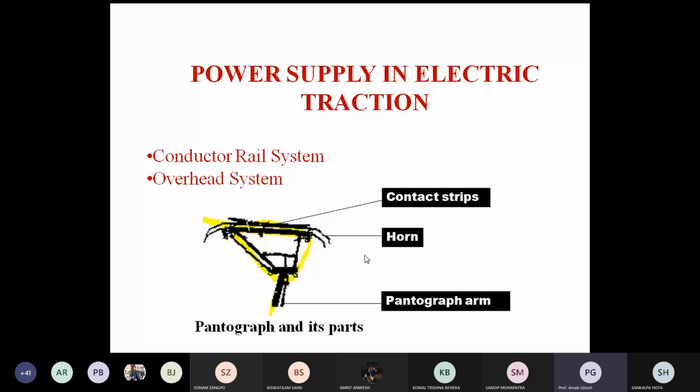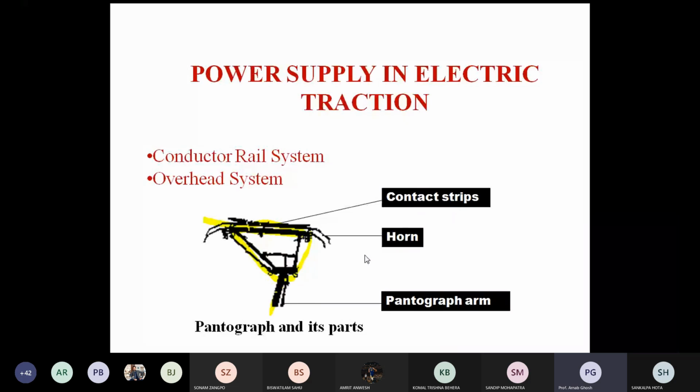But MEMU you can see in Eastern Railway, in Mumbai railway terminus, special places, some of the metro cities. In a single word, in a metro city you can see electrical multiple units, where passengers are traveling 100 kilometers or 50 kilometers to attend their job place. That's why they totally depend upon the electrical multiple unit.